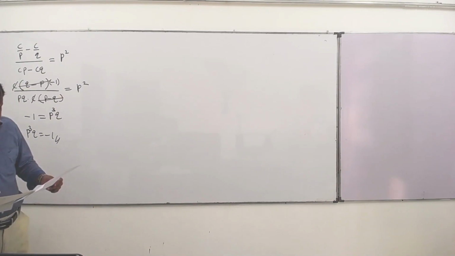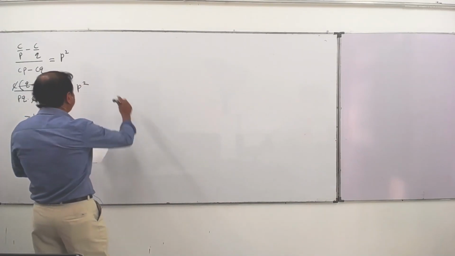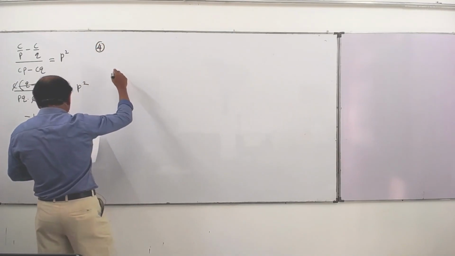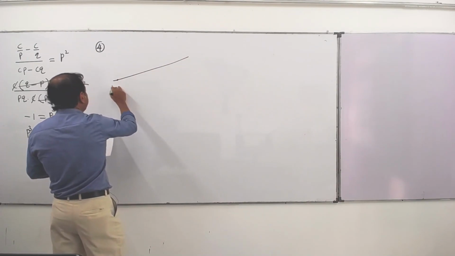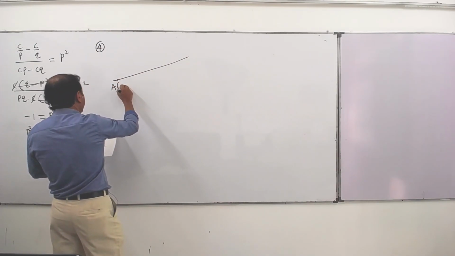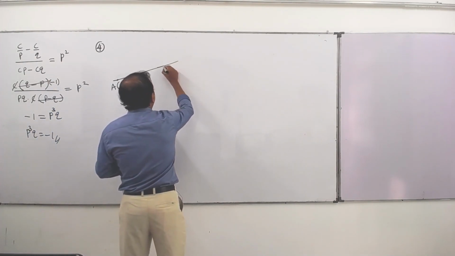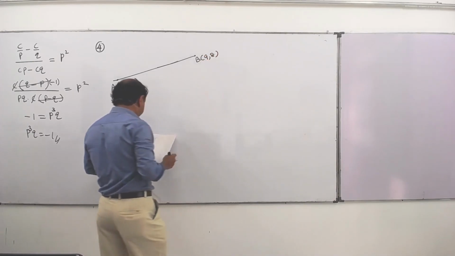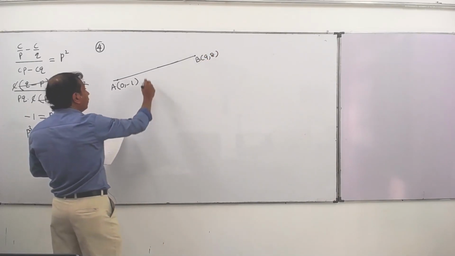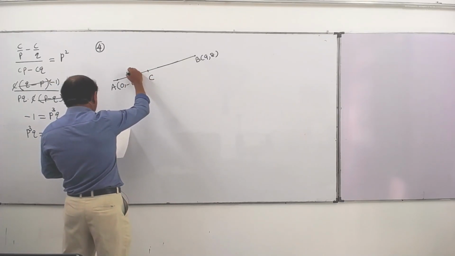The point C lies on AB such that AC:CB is 1 is to 2. Right. Number 4. So this way we have point A, 0, minus 1. Point B, 9, 8. Point C on the line AB divides it internally in the ratio 1 is to 2.